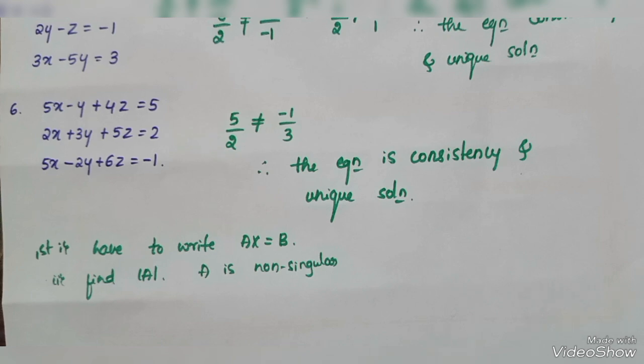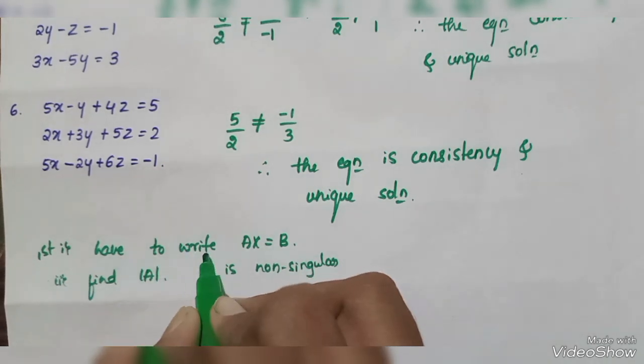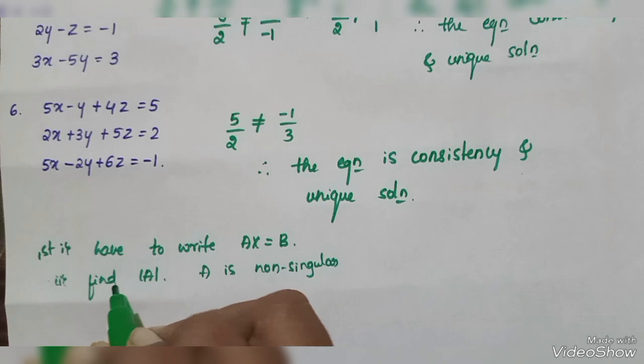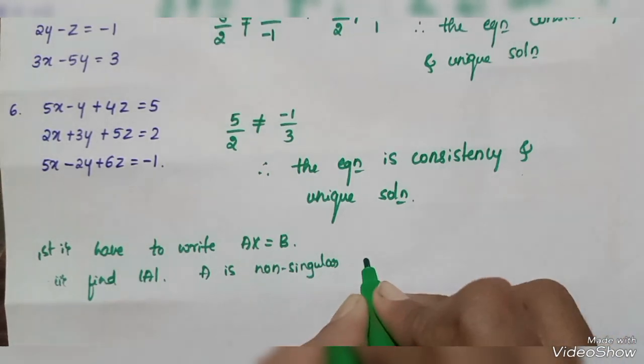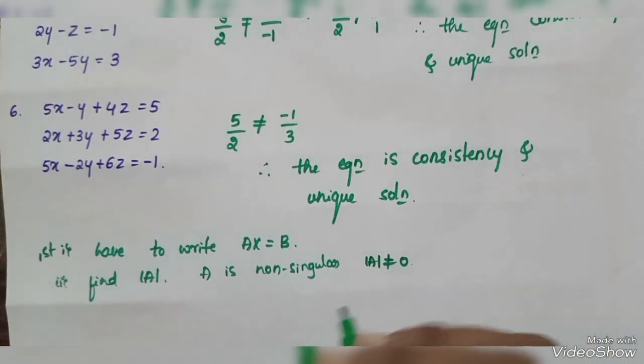When solving the system of linear equations using the matrix method, these are the main steps. First step is to write the given linear equations in the form ax equals b. Second step, find the determinant of a. If a is non-singular, it means the determinant of a is not equal to 0, then you have to proceed.